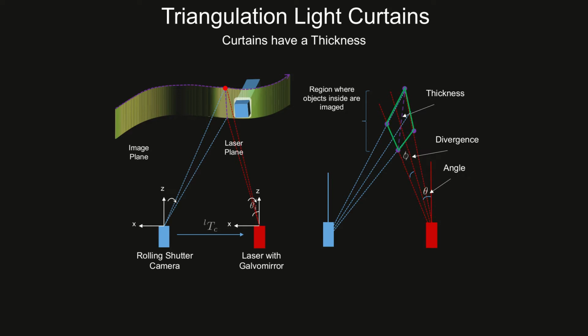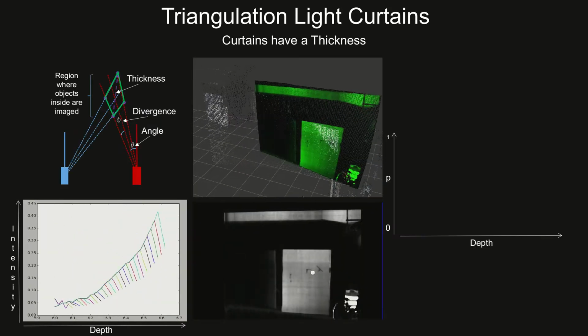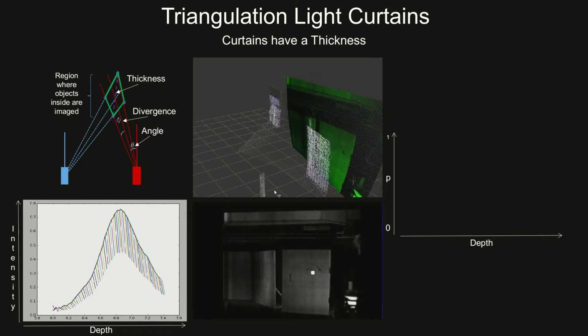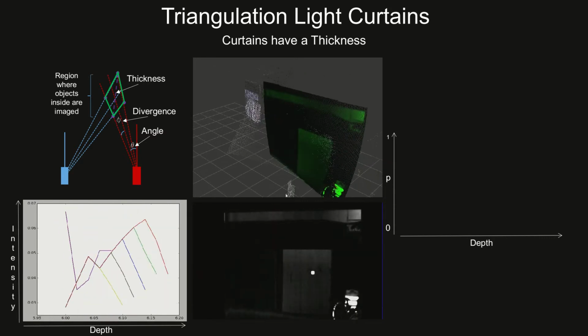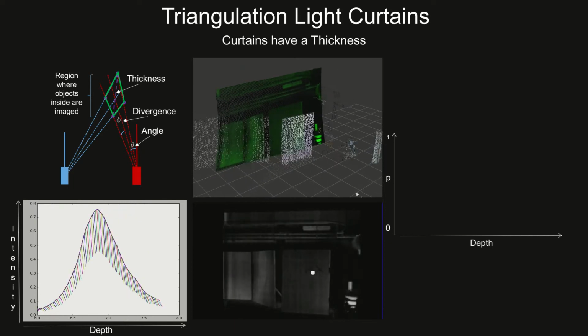Prior work noted that instead of a line, there is actually a thickness to this curtain, where any object within this volume actually shows up on the NIR image. But this work did not exploit this thickness. Here we show a planar curtain being swept across the scene as it intersects with an object 7 meters away. Notice how the intensity rises and falls off in a Gaussian-like curve due to the thickness.